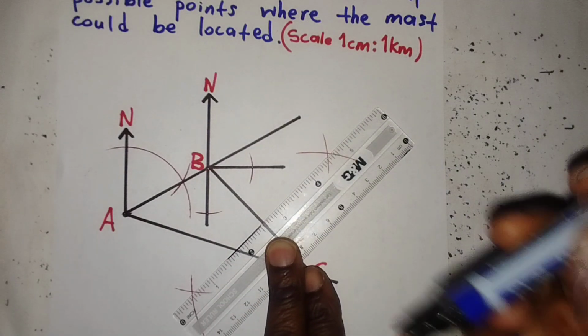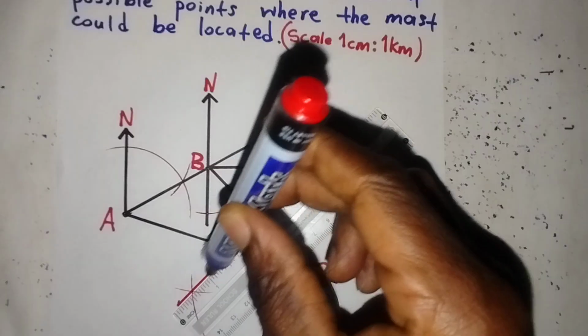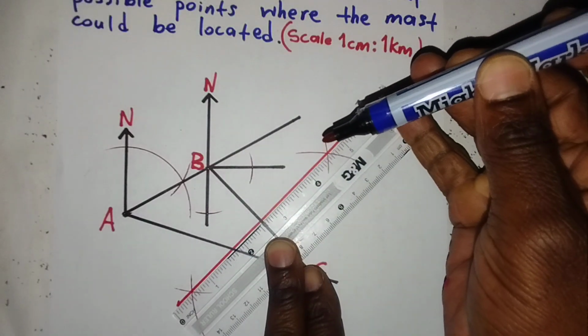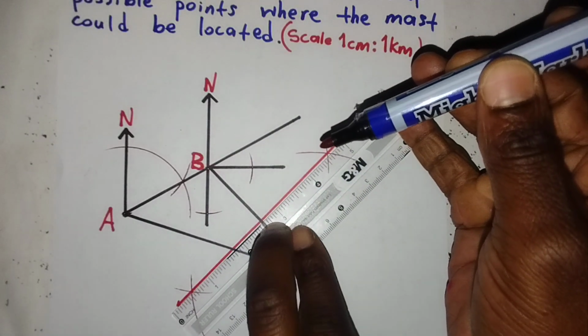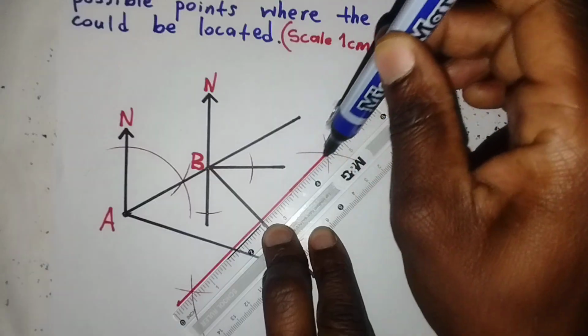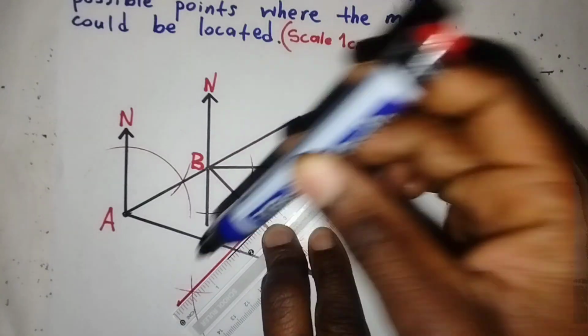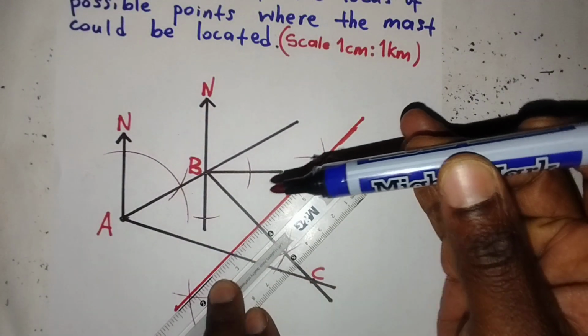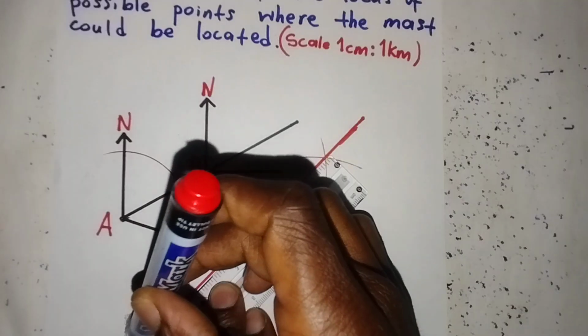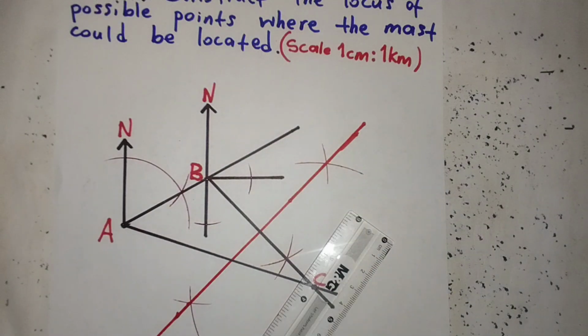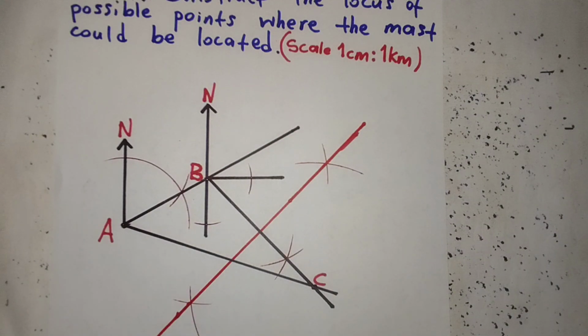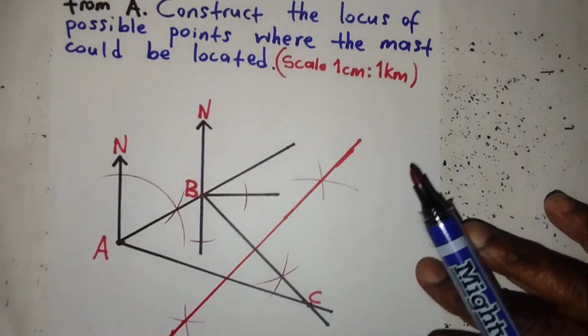Okay, draw a straight line which passes through the points of intersection of the arcs, so that I can draw the perpendicular bisector of BC, like that.